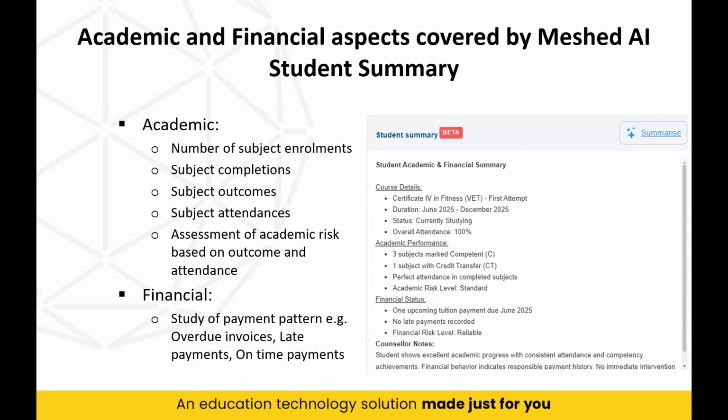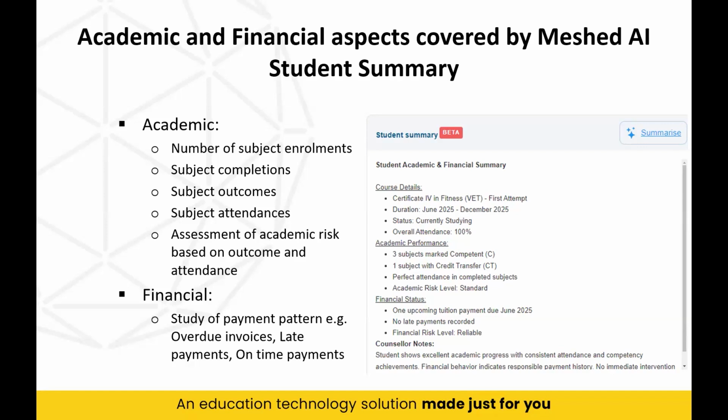And also by looking into how often the student has been making payment, for instance, if the student has been making payment before the due date, it shows as no late payments recorded. So overall, the financial risk level given by the AI is reliable.